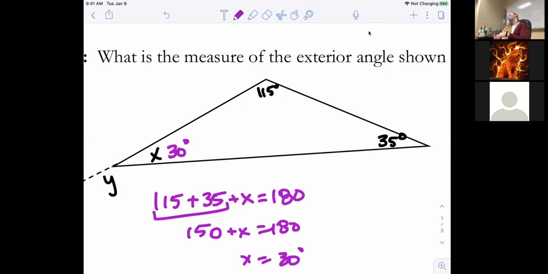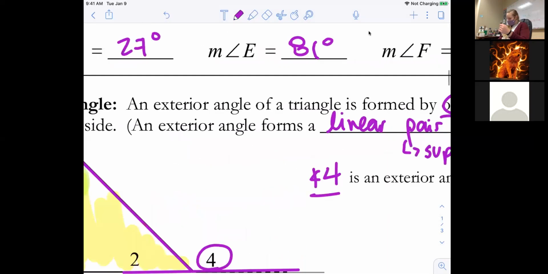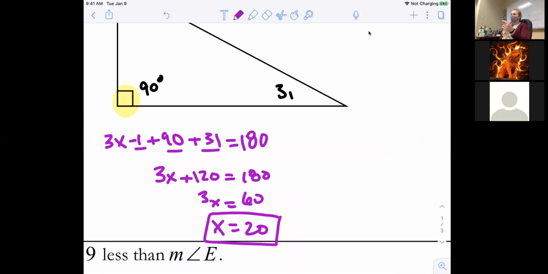Well, if we do homework on this, on this one, since you didn't necessarily need an equation to solve, you can just tell me X is equal to 30. When we had other ones up here with the expressions, I do want an equation.